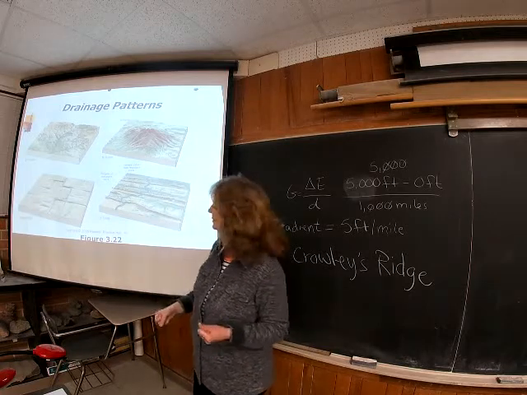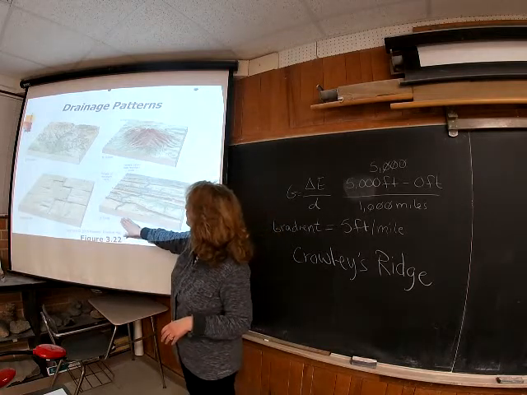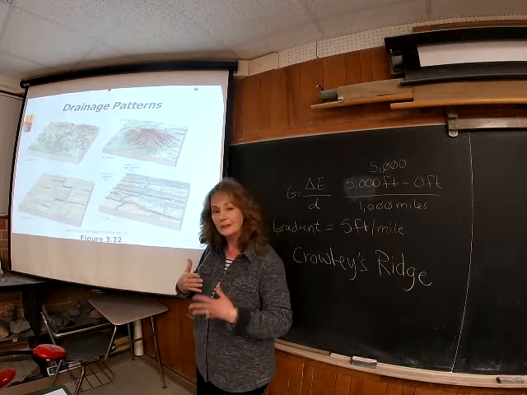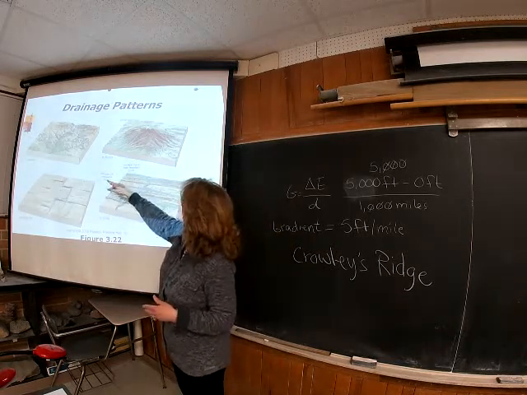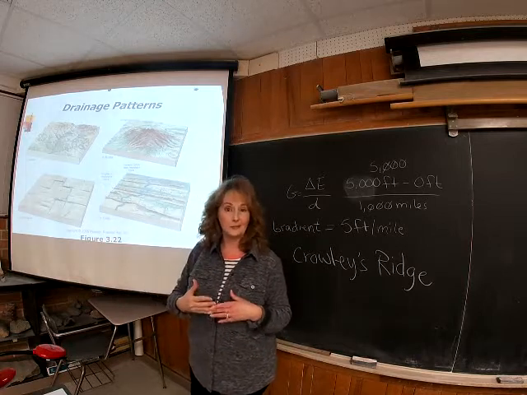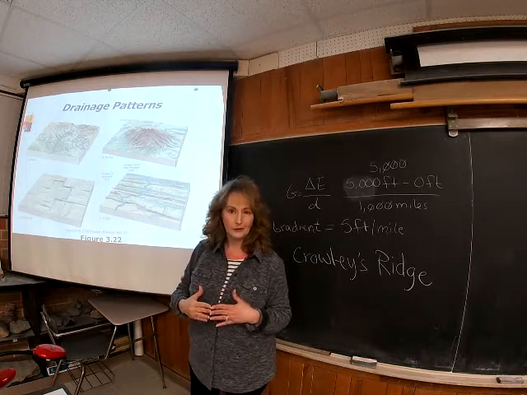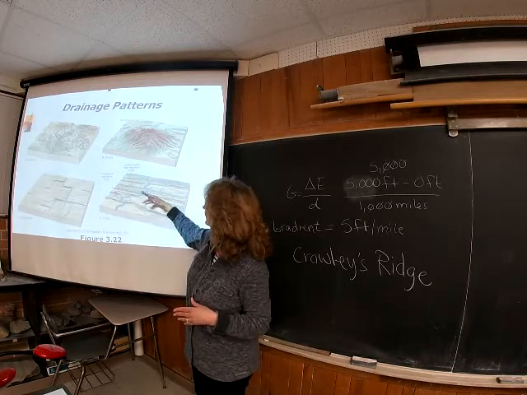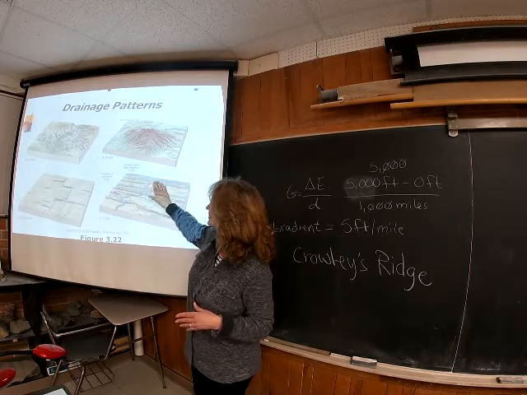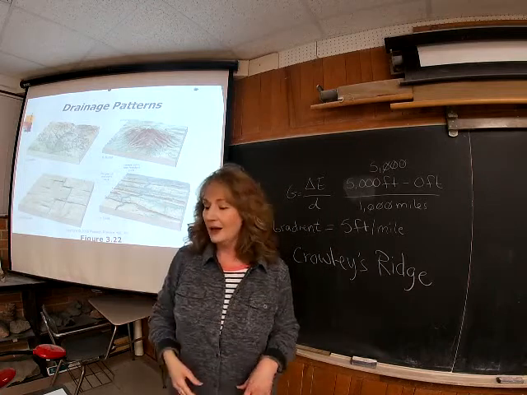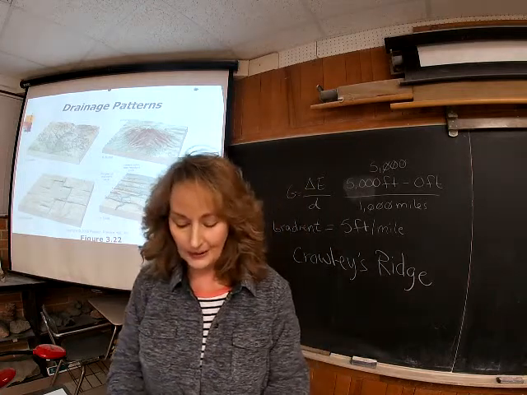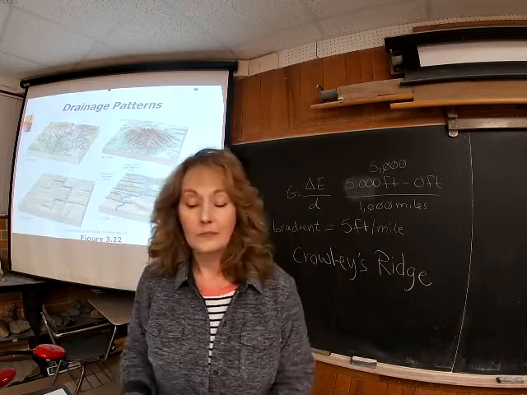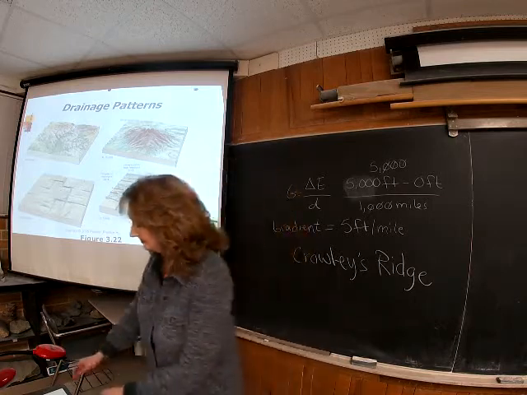Kind of looks rectangular. Or trellis, so you can get little valleys that cut in the less resistant rock, okay? And then you get ridges where you have resistant rock that doesn't want to erode easily. And so it creates sort of this little trellis, a little ridge, a little valley, a little ridge, and a little valley. Different patterns that they're talking about here for our drainage patterns.